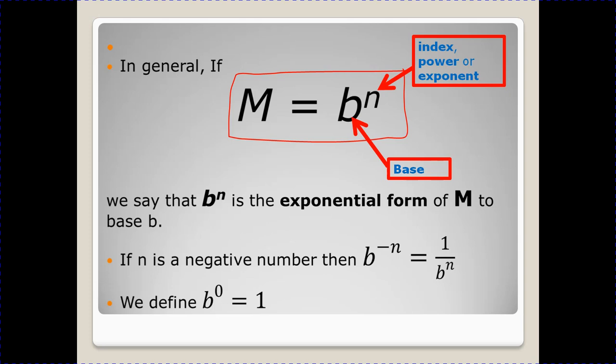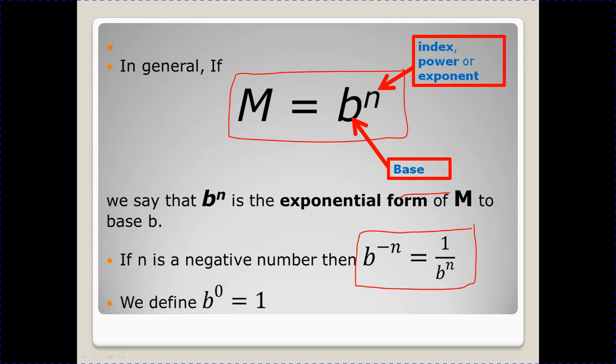Now if n is negative, this is the first special case. When n is negative, then b to the power minus n equals 1 over b to the power n.